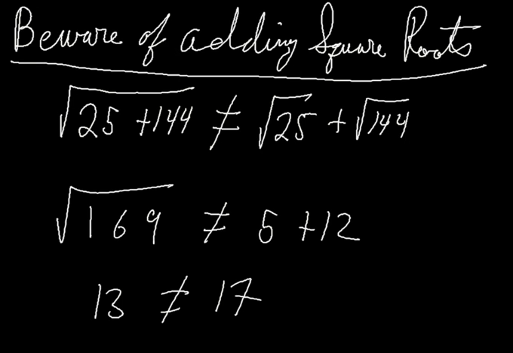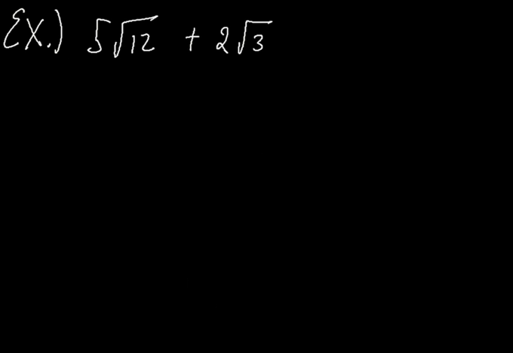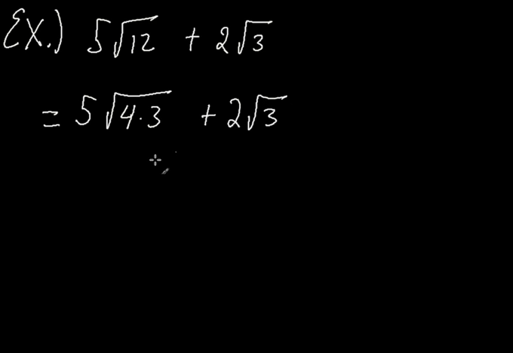Now, I want to call your attention to some problems where we can actually add square roots if we're careful. Here I have 5 times the square root of 12 plus 2 times the square root of 3. I can break 12 up. Is there a perfect square inside 12? Yeah, it's 4. Is there a perfect square inside 3? No, I just have to leave that. The 4 can come out and becomes 2.